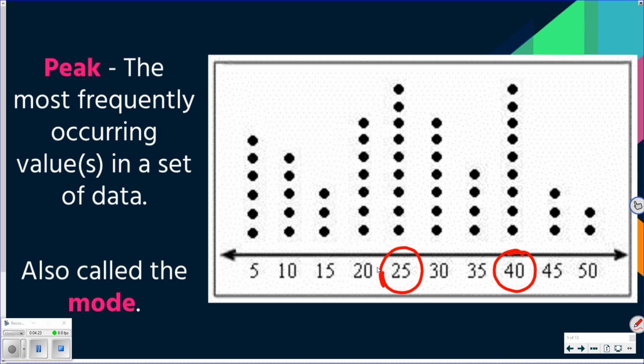So they would become our peak. The peak is also called the mode. So our mode, or our peak in this case, we could write that our mode equals 25 and 40 because it occurs more than any other value.